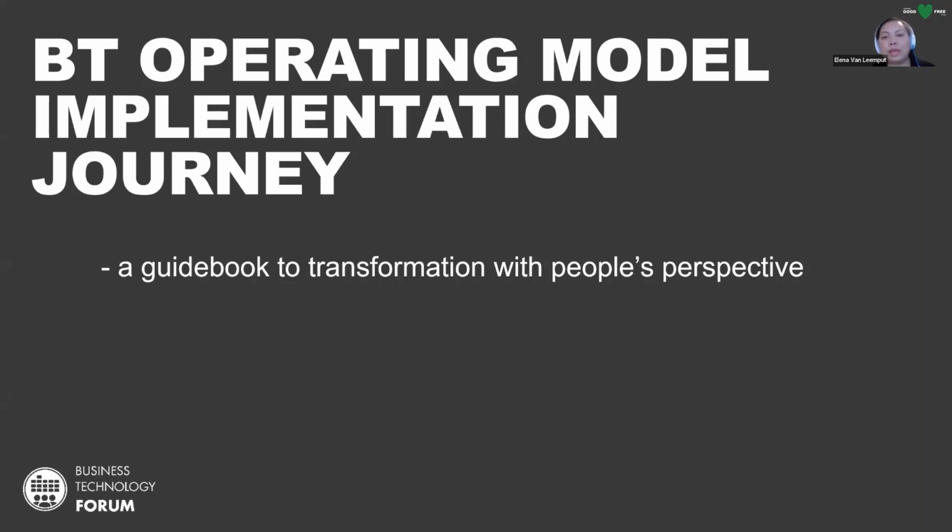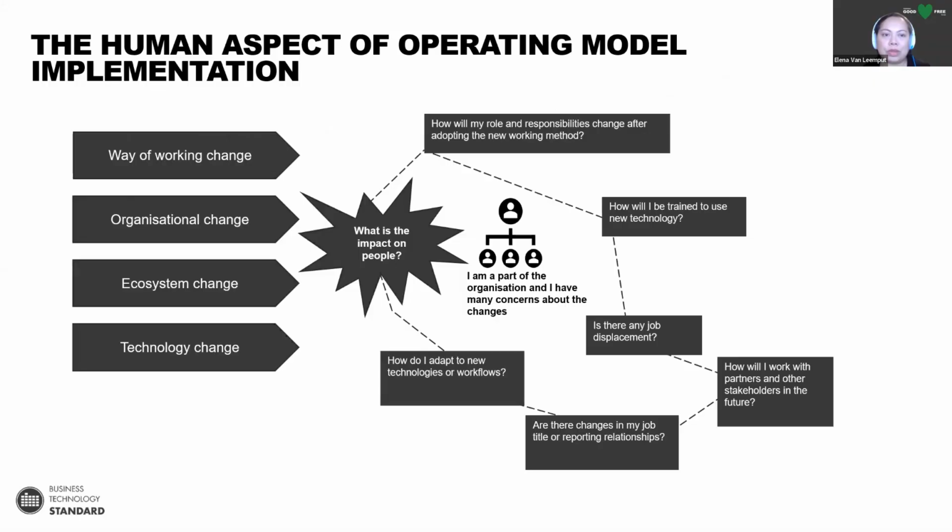And now this topic, the BT operating model implementation journey, is essentially going to give you a bit more ideas about how you take people into account when you design your operating model. It's not only just to say that we're going to change our operating model and it doesn't impact anyone. That's not how we want it to go, but to give you some ideas about what to consider.